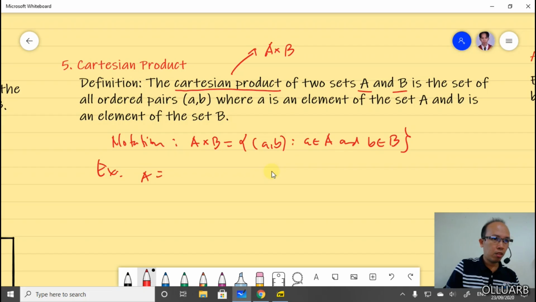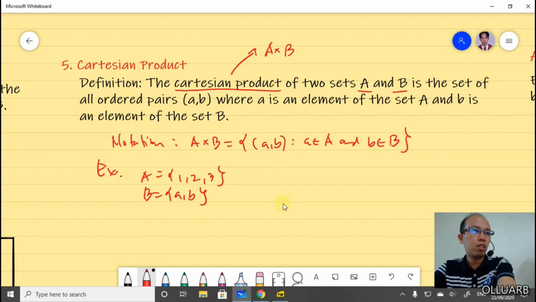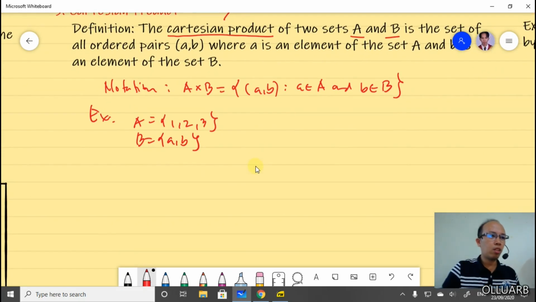So for example, if you have set A which is 1, 2, 3 and your set B is the set containing a, b, then for your Cartesian product, this is the set of all ordered pairs.